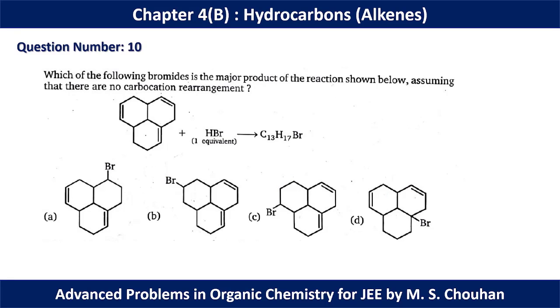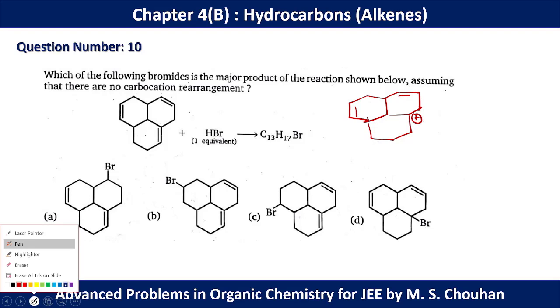In question number 10, we have to find the addition of HBr, and basically HBr is added across the alkene, and initially we have to add H plus to the negative charge, and the reaction rate is based on the stability of the carbocation. So in this case, if we dissociate this alkene, we can form the most stable carbocation, because in this case only we can have the maximum number of hyperconjugation.